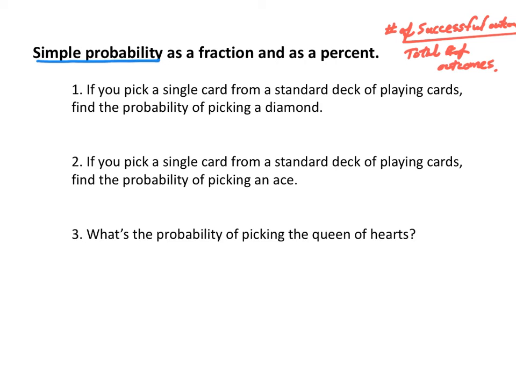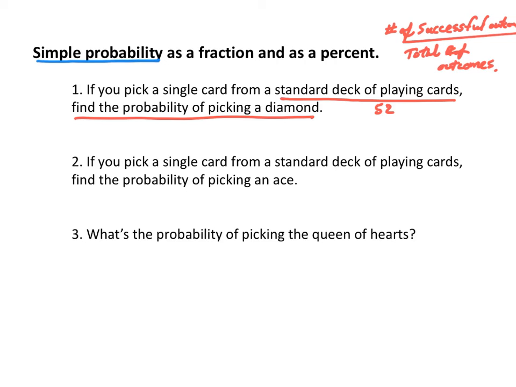So if you pick a single card from a standard deck of playing cards, which you should know something about, it has 52 cards. There's 4 suits, 13 in each suit. Find the probability of picking a diamond. So you have to know how many diamonds there are. There's 4 suits, diamonds, spades, hearts, and clubs, and there's 13 of each one.